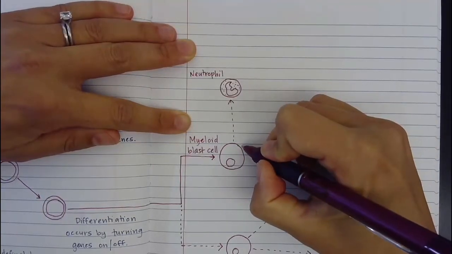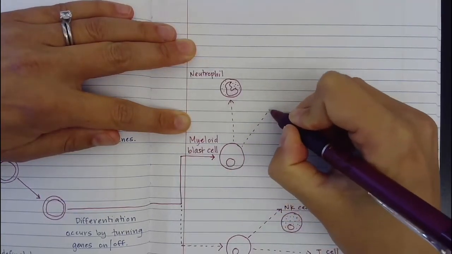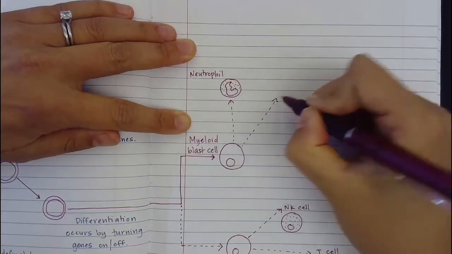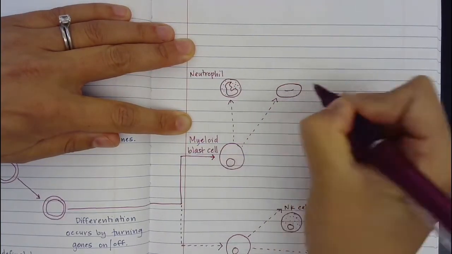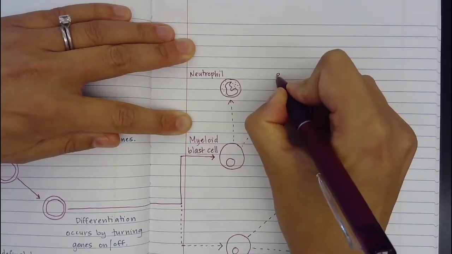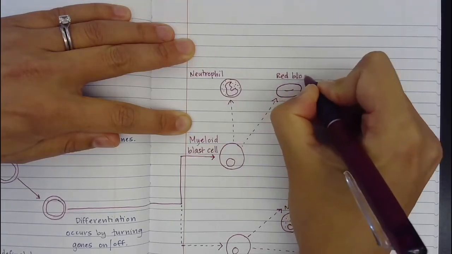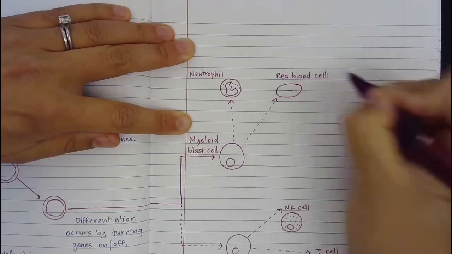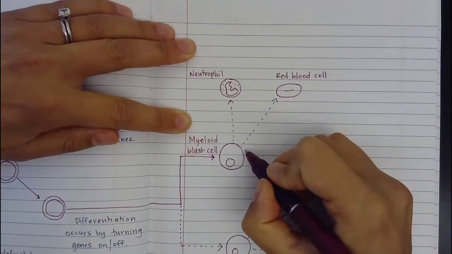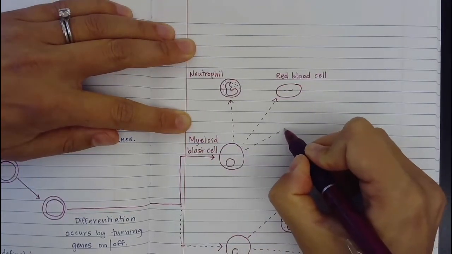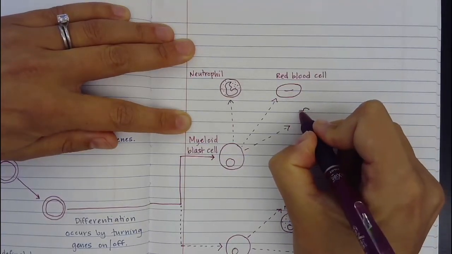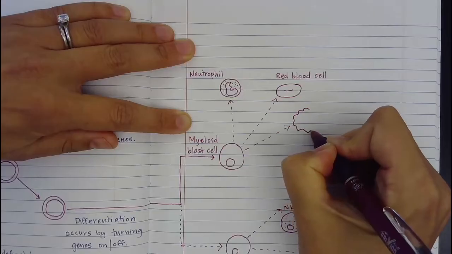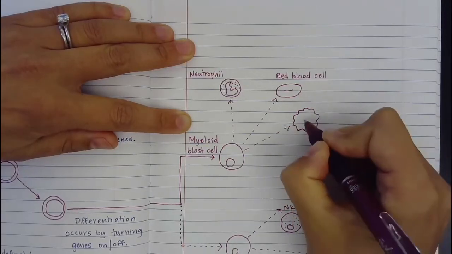Or they could develop into a red blood cell. Or they could develop into something called a monocyte, another type of white blood cell.